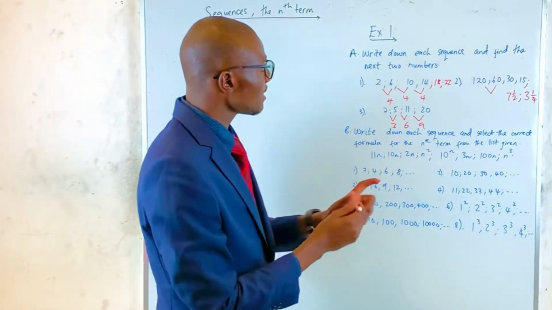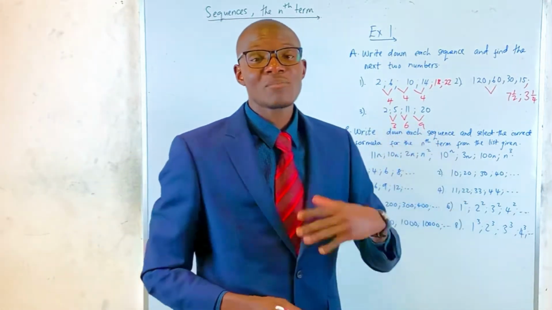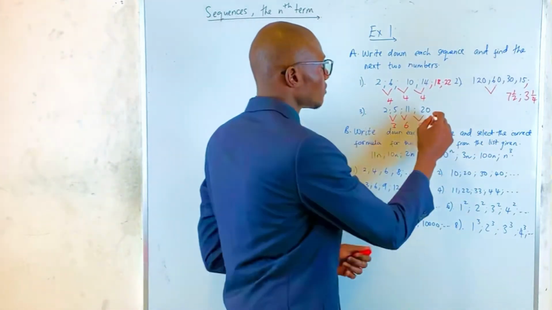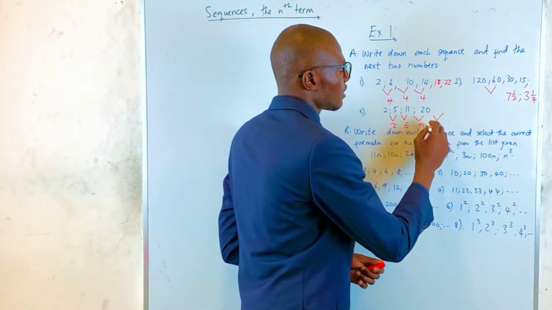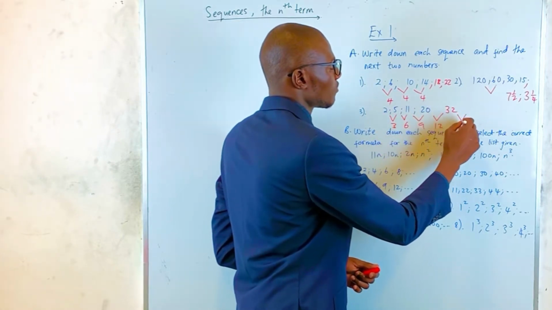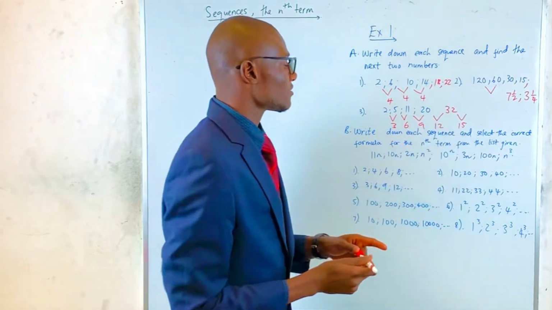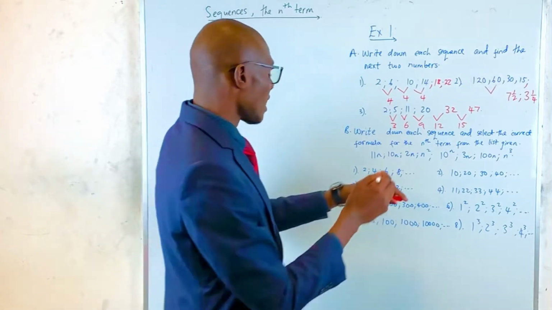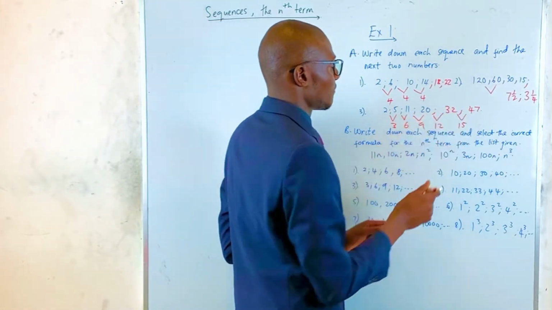So as you can see, these differences are multiples of 3: 3, 6, 9. The next difference shall be 12 here. So 20 plus 12, that should be 32. And the next difference will be 15. So 32 plus 15 will give us 47. So that's how we get these terms.